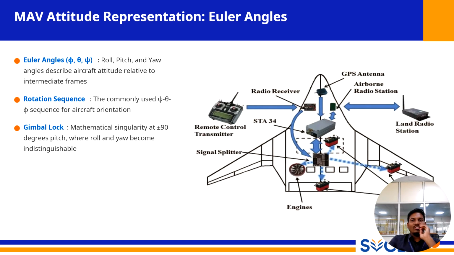This limitation is the primary reason why more advanced systems sometimes use a more complex mathematical representation like quaternions to avoid the problem of gimbal lock entirely.